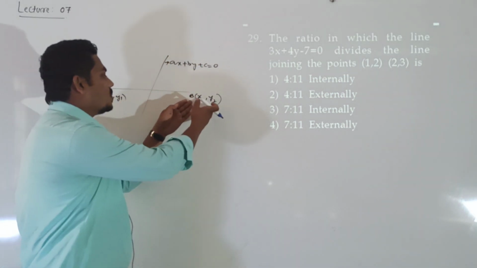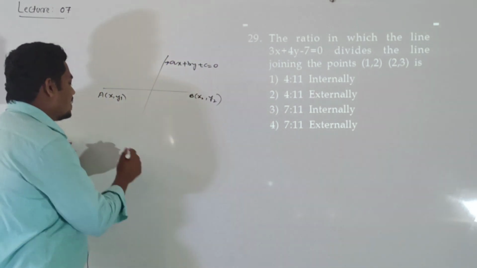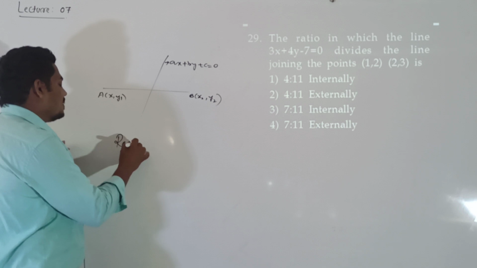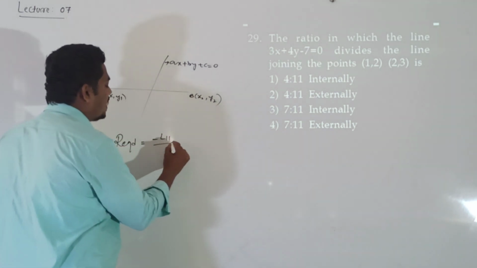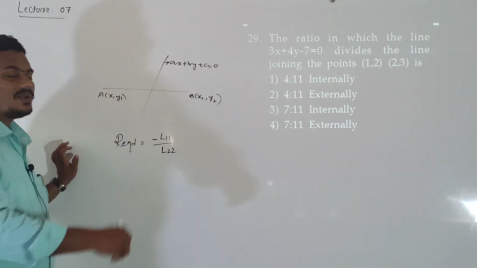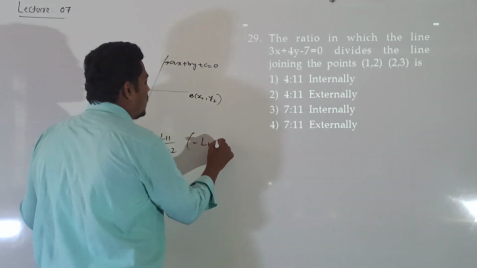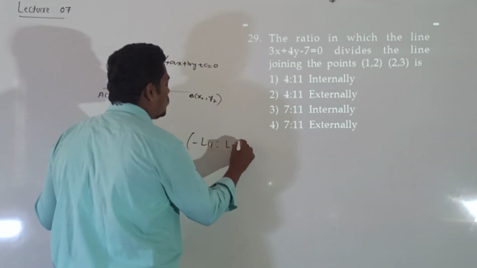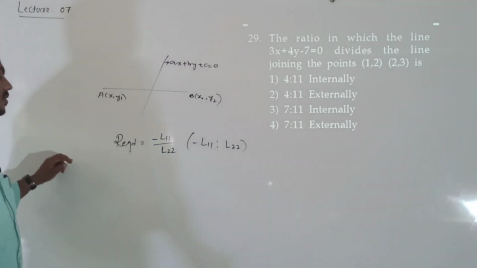If you put x2 y2 in the given line, then it is L22. Shortcut formula, the required ratio is equal to minus L11 is to L22 or minus L11 divided by L22. Both are one and the same.